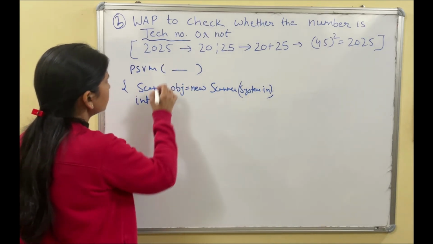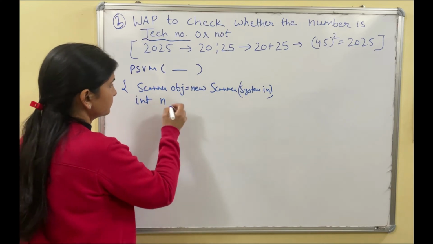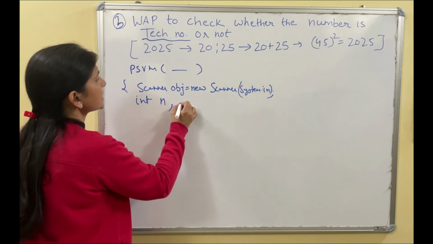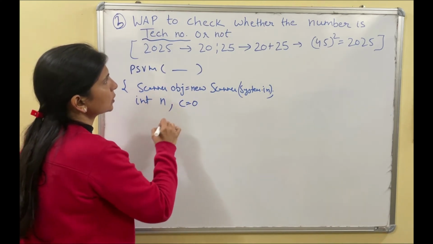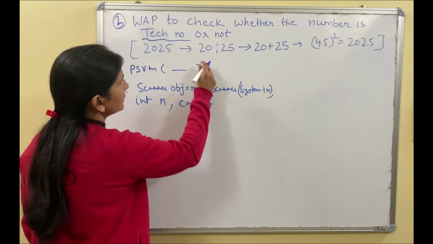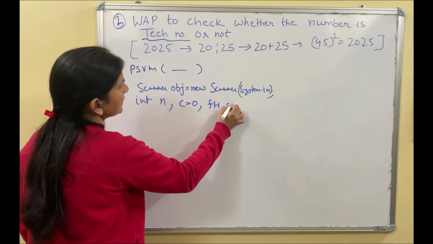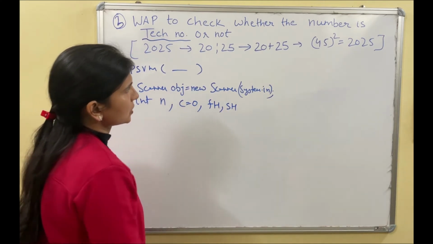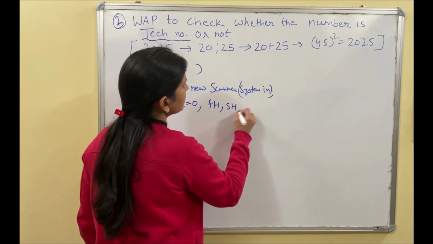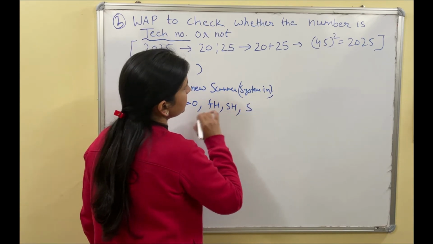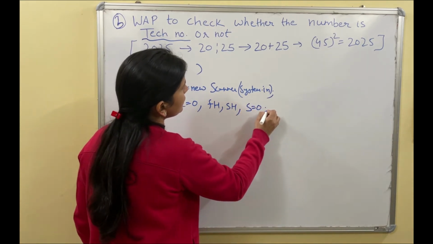So which variables? First will be c, the counter. We need to count the number of digits. c equals 0. Then two variables we will need to store the first half and second half, fh and sh. Then we need to add them, so I can take s. s equals 0.